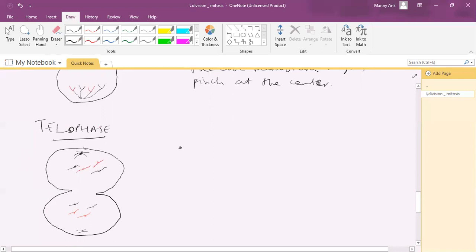So let's put down that the cell membrane completes constriction at telophase.